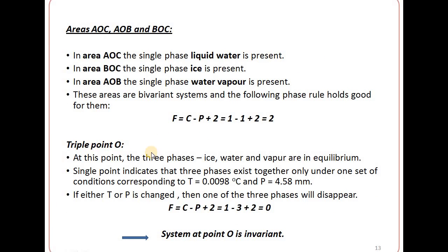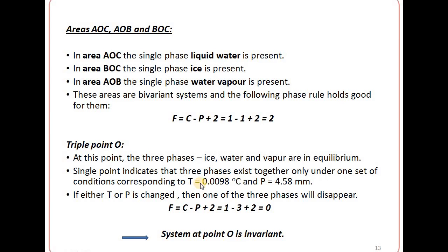Now what about the triple point? At the triple point all three phases exist together. The single point indicates that three phases exist only under one set of conditions, corresponding to temperature equal to 0.0098 degrees Celsius and pressure equal to 4.58 mm.